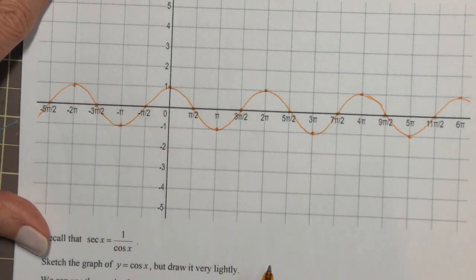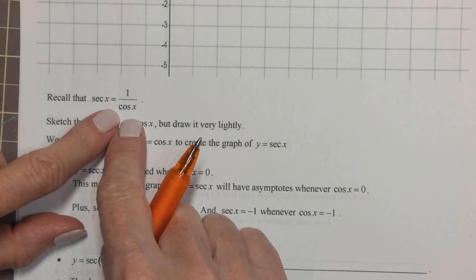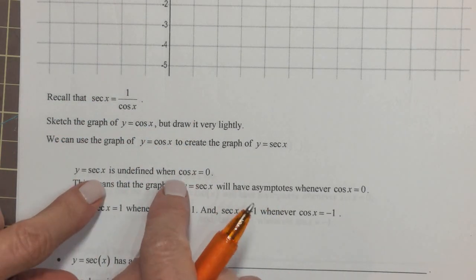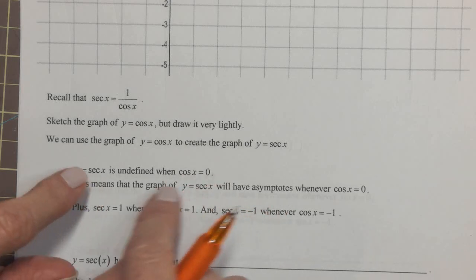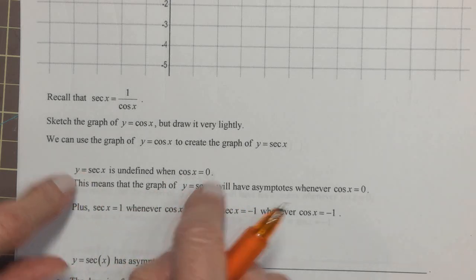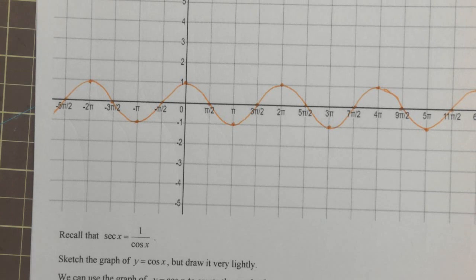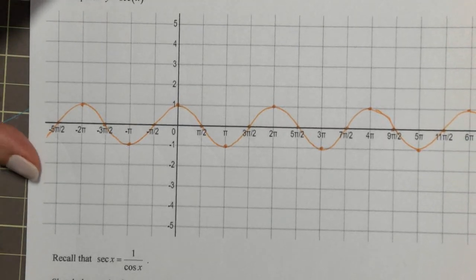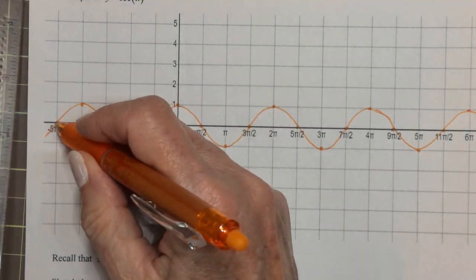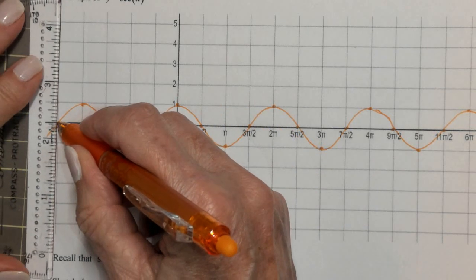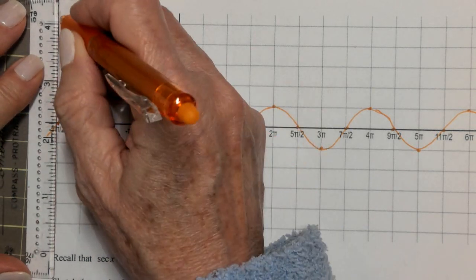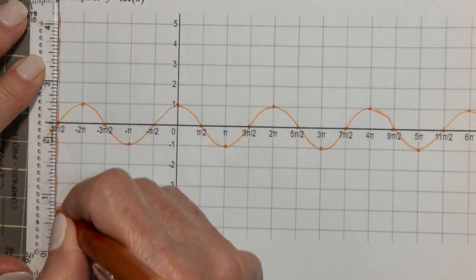Okay. So, since secant is 1 over cosine, everywhere cosine is 0, secant will have a vertical asymptote. So wherever cosine is 0, we have a vertical asymptote for secant.